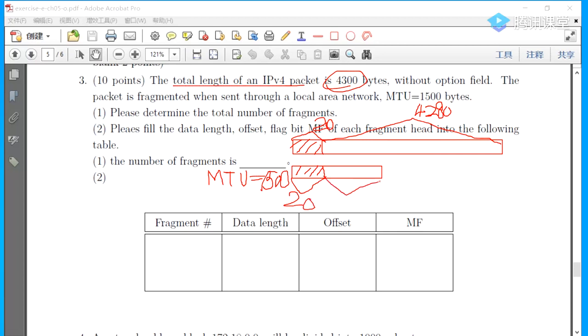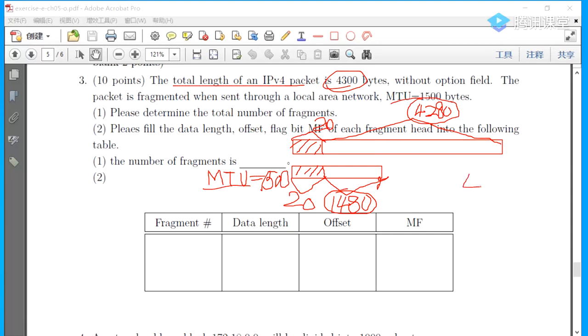So the payload of MTU is 1,480 bytes, right? So then how many 1,480 are included in this?